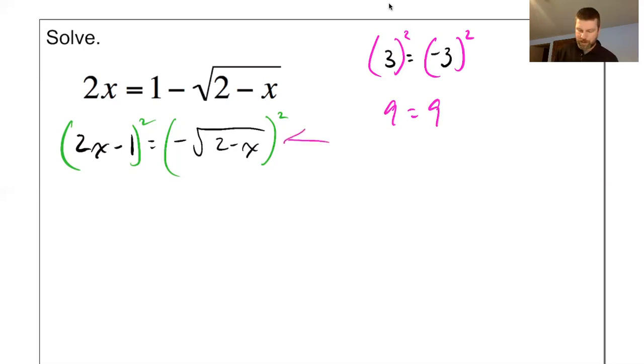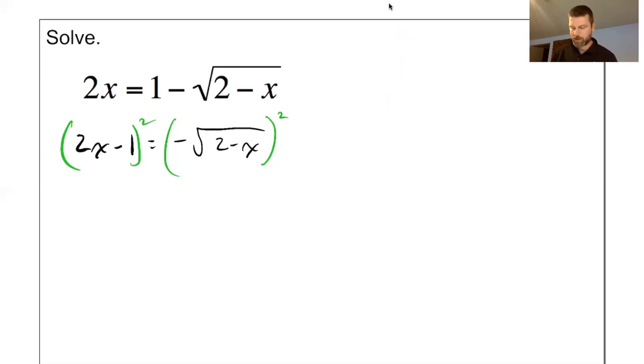So when I do that operation, I might be taking a statement that was false and making it into a true statement. I would be adding what's called an extraneous solution, a solution that's not actually true, that doesn't work. Most operations, I don't have to worry about that. If I had 3 equal to negative 3, that's not a true statement.